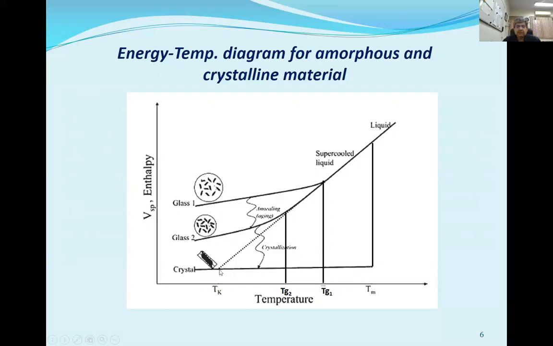So to preserve this third law, this deviation of the equilibrium line during the cooling of the liquid has to take place. In nature this will take place. If it does not take place here, it will take place somewhere here, or here, or here, and it has to be at a temperature which is greater than the Tk.